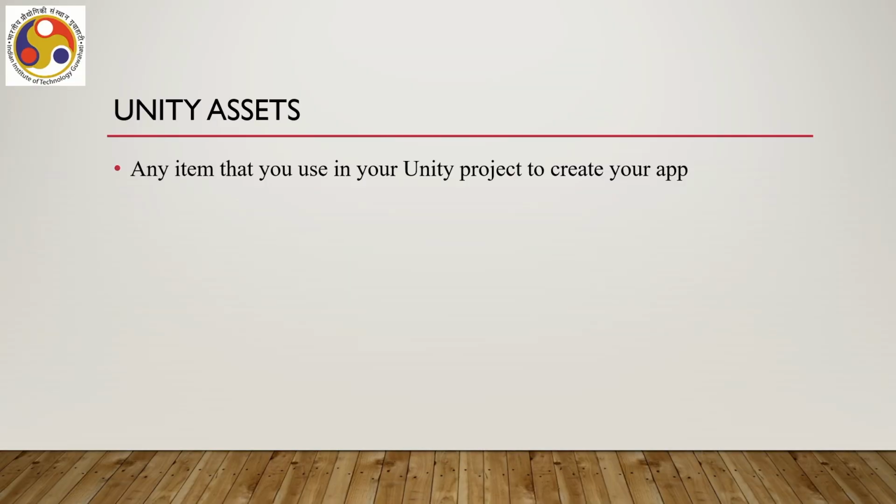Now, in order to understand what a scene is and how it works, we need to have some basic understanding of certain other things. One such thing is the Unity asset, the concept of an asset. Any item that you use in your Unity project to create your app is called an asset.